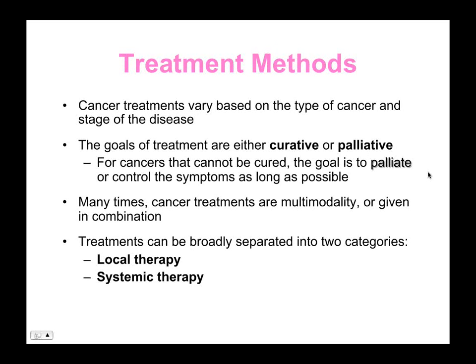Treatments for cancer really vary based on the type of cancer and the stage of the disease. When thinking about a treatment plan, it's important to know whether that treatment is being done with a curative intent, so to completely rid that patient of that cancer and to have a long-term cure, or when cure is not possible, the treatment is then palliative in nature.